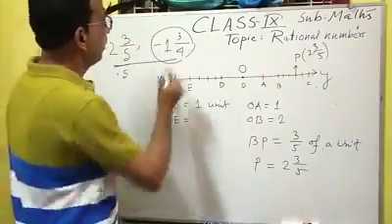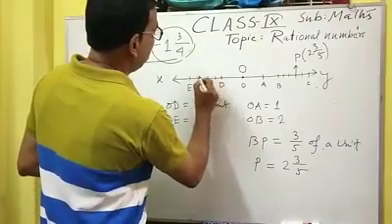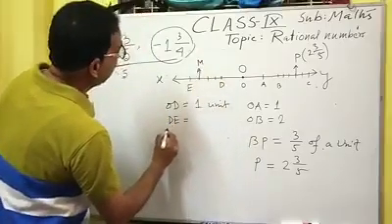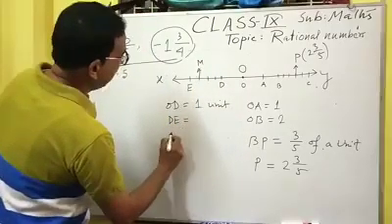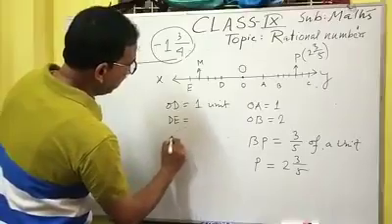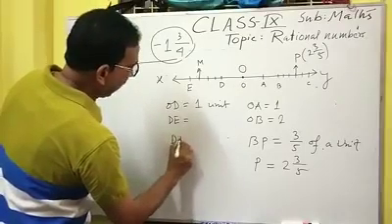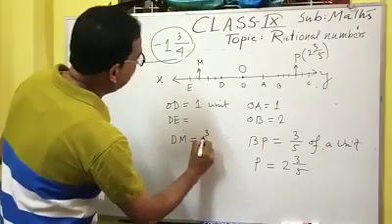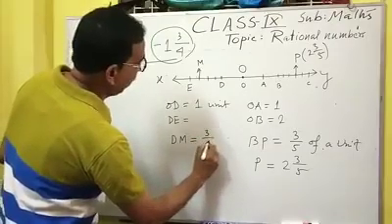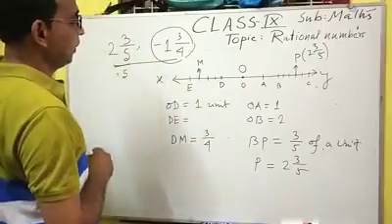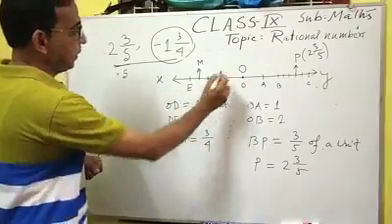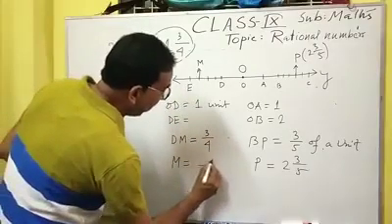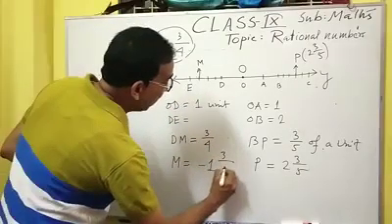So, 1, 2, 3. M. DM is equal to 3 by 4. Okay, and M represents the rational number minus 1 whole 3 by 4.